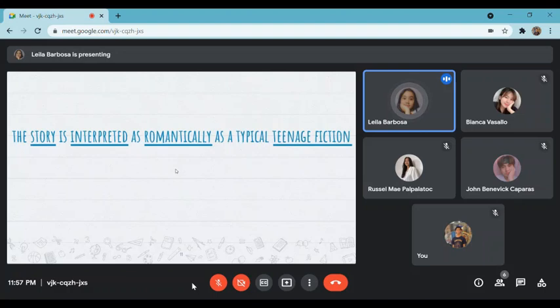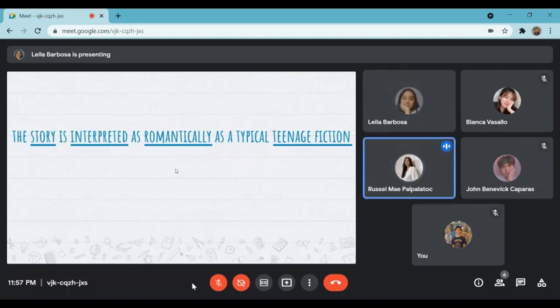Now we have here the phrase: the story is interpreted as romantically as a typical teenage fiction. I would like you to again identify the parts of speech of the underlined words. Who would like to try? I would like to try again, ma'am. Yes, Russell.